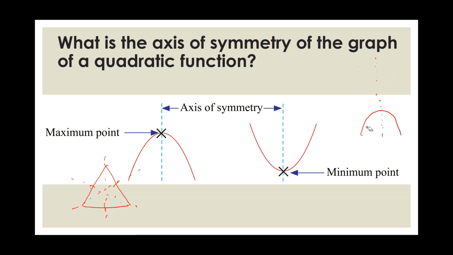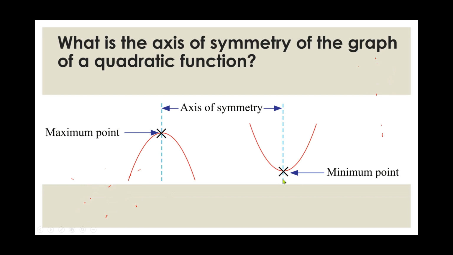If you look at the axis of symmetry of the graph, the maximum point and minimum point fall on the same axis. Just now we learned the maximum point and the minimum point, right? So the maximum and minimum point will fall on the axis of symmetry.